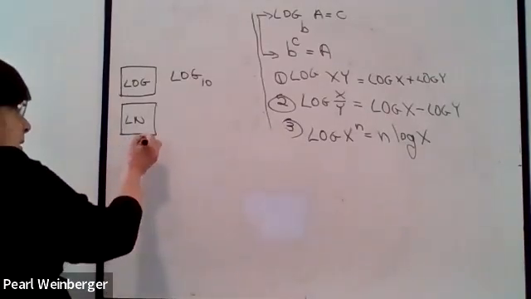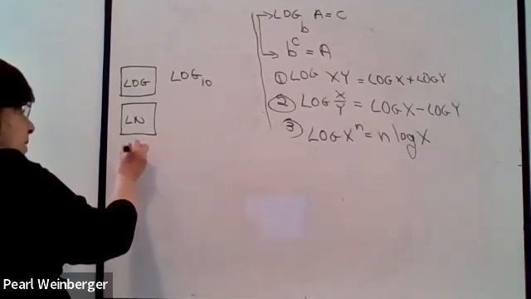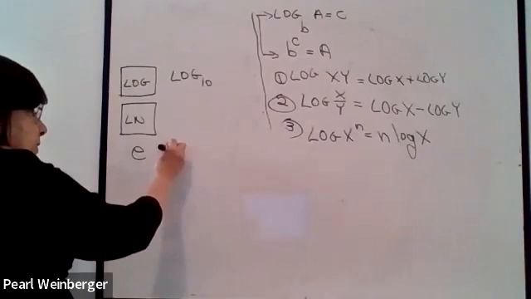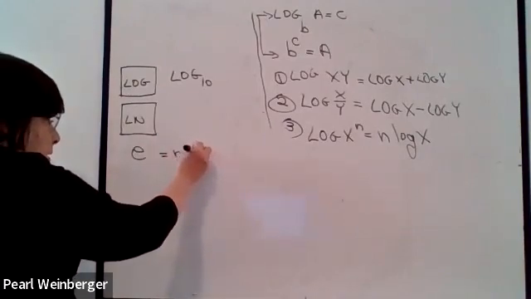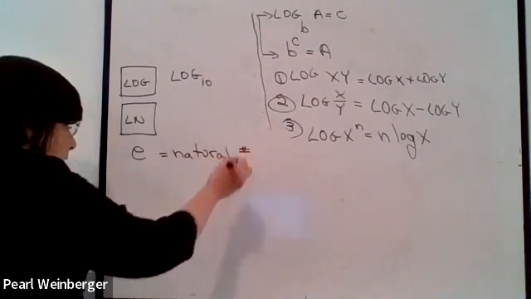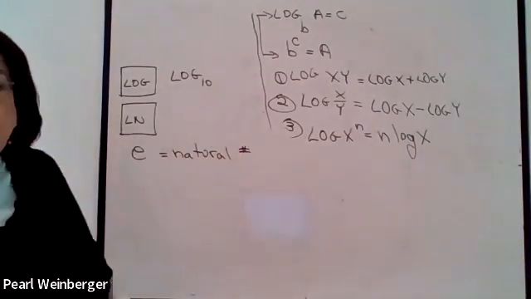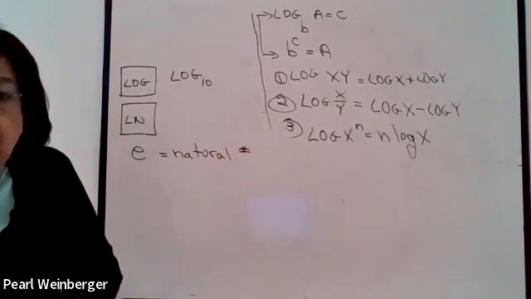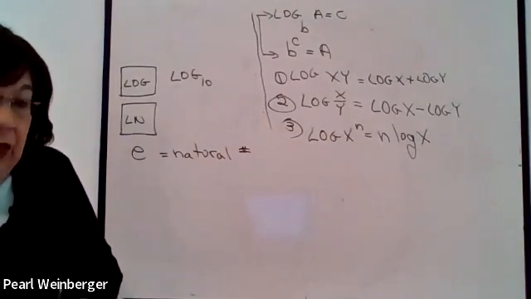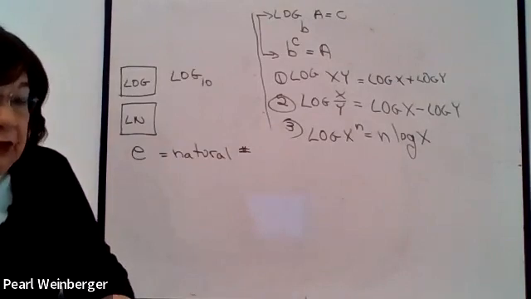So there is a special number called e. E is called the natural number. It's a very important number that comes up in a lot of different equations and a lot of different situations.